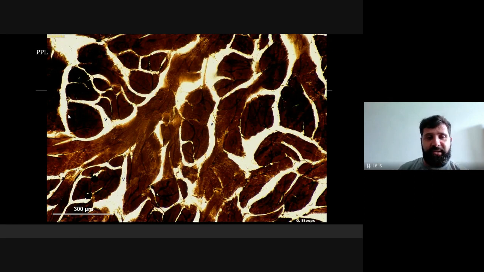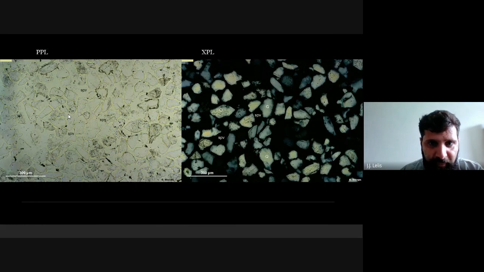So in this case, I have a fine monic CF ratio. And here I can see only coarse materials, and I can't see any kind of fine material, a fine partial fabric. So in this case, I have a coarse monic CF ratio, okay?